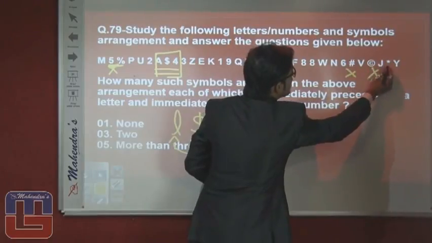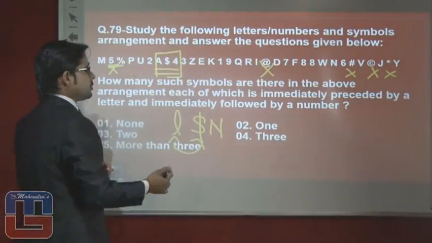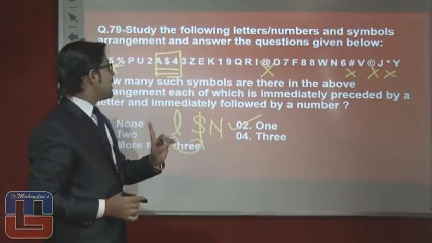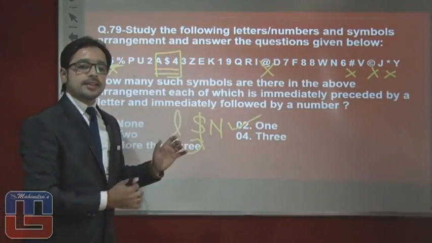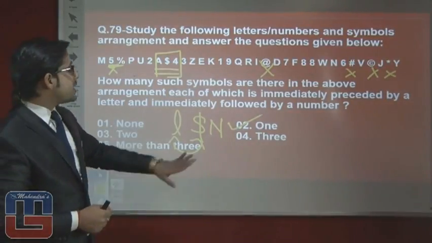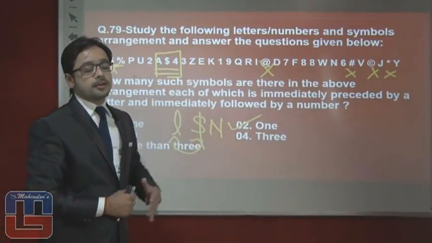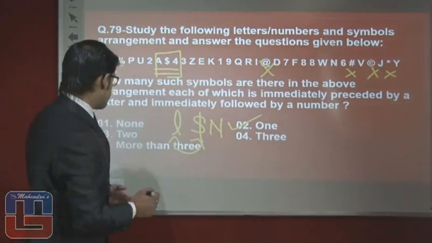Copyright VJ, false. *JY, again false. So answer will be option number second, which indicates one symbol is there in the given statement, each of which is immediately preceded by a letter and immediately followed by a number. So let's move on towards the next question.